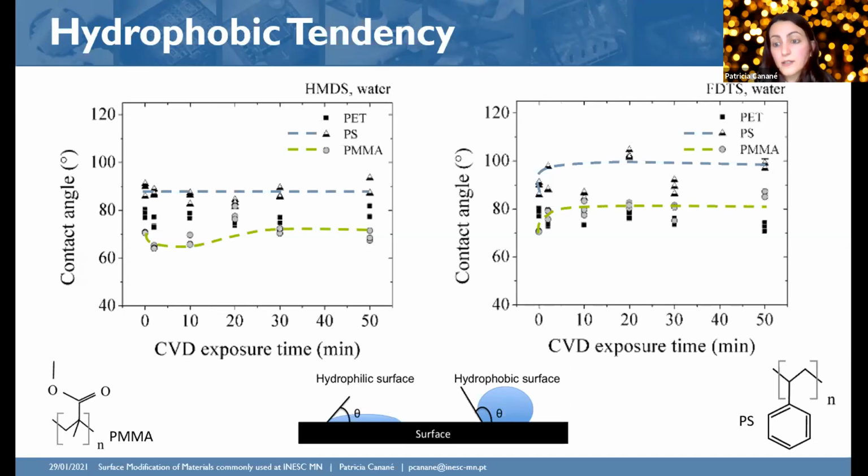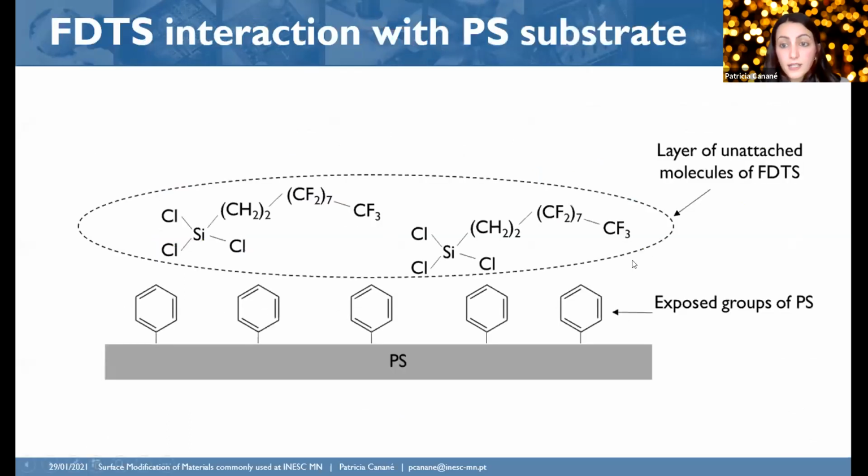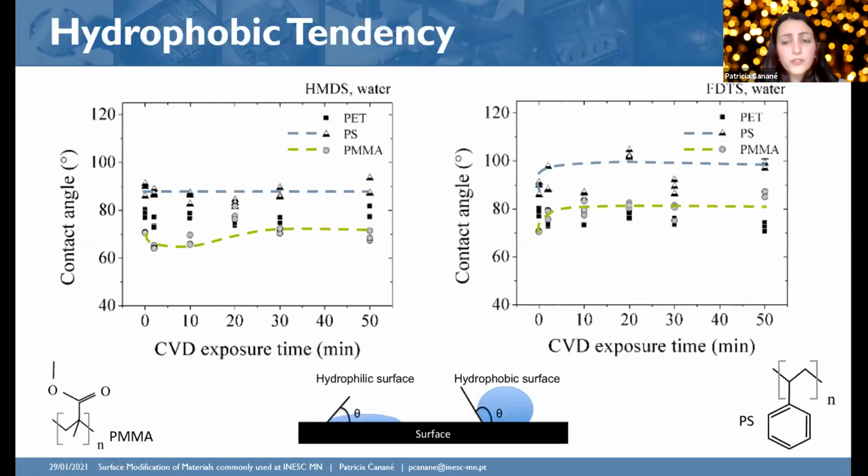So what we assume here that happened, as well as for PMMA, is that a layer of FTTS molecules is present on the substrate and being only held in place by physical adsorption, which is more than enough to alter the surface wettability.